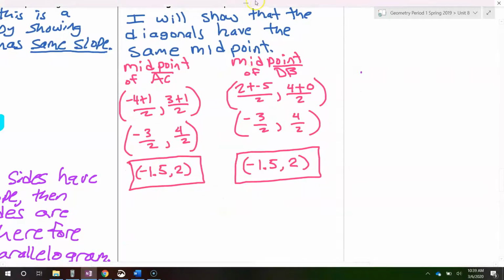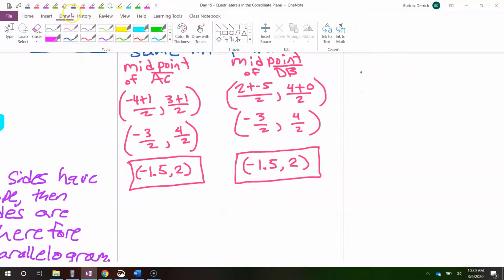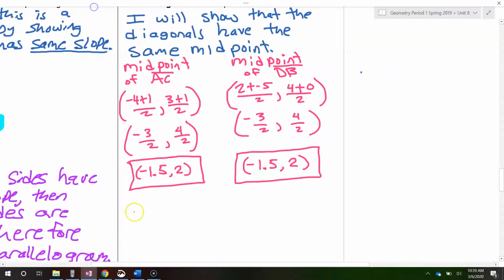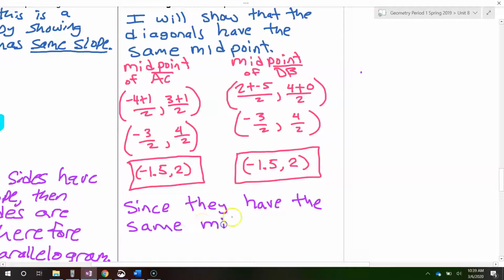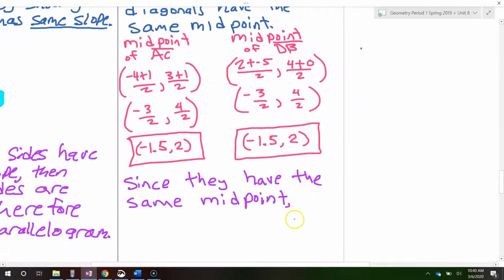So it's time for the conclusion. So I will say, since they have the same midpoint, the diagonals bisect each other.